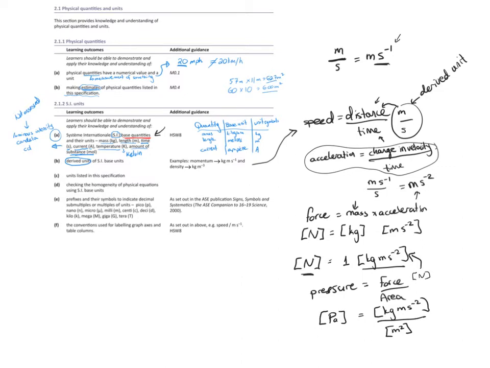So we end up having 1 pascal equal to 1 kilogram meter to the minus 1 second to the minus 2, because meter times meter to the minus 2 leaves us with meters to the minus 1. And that's what 1 pascal is equal to.